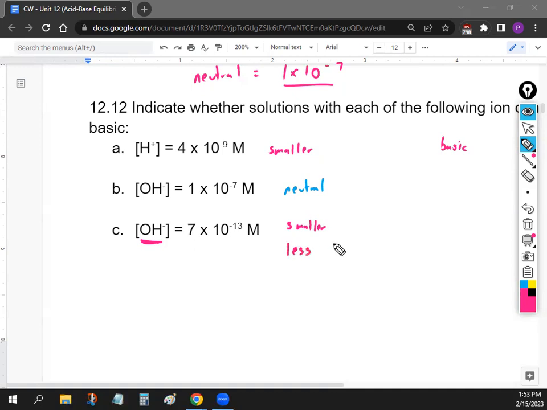Yeah, we have less OH minus than at neutral. So if we have less OH minus, is it acidic or basic? Acidic, exactly. Those are some ways you could think about it, okay? Now, if you wanted to be a scholar, you can do the math and calculate all that stuff, but you can just use your reasoning like this, okay?